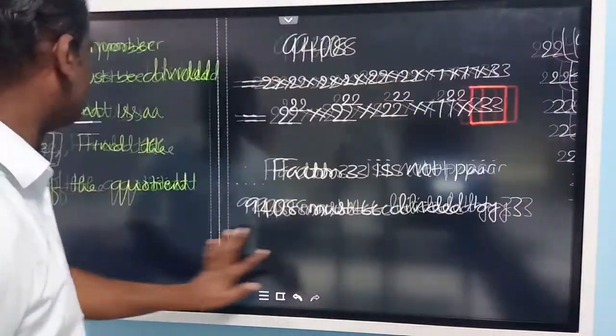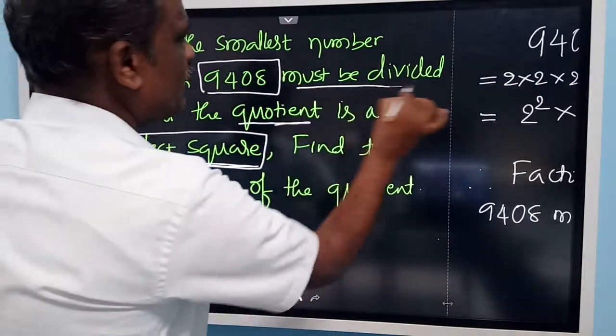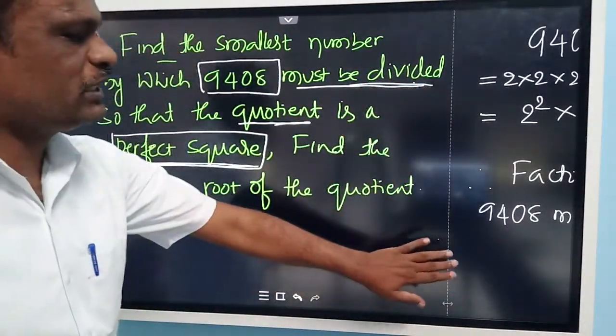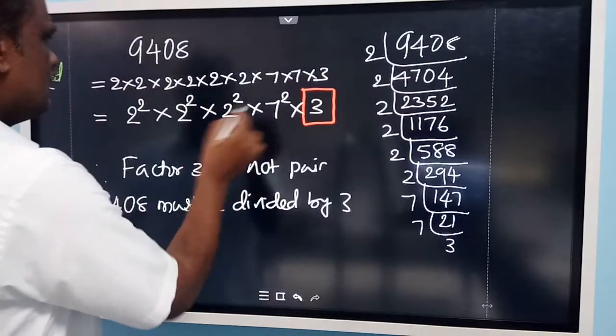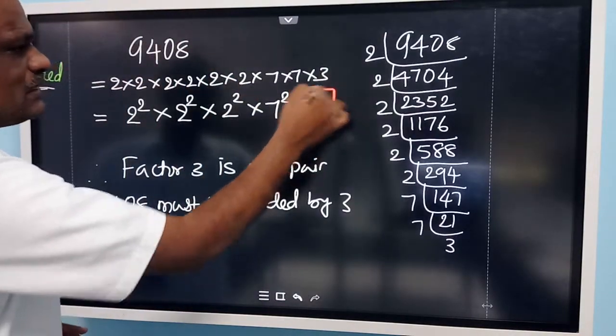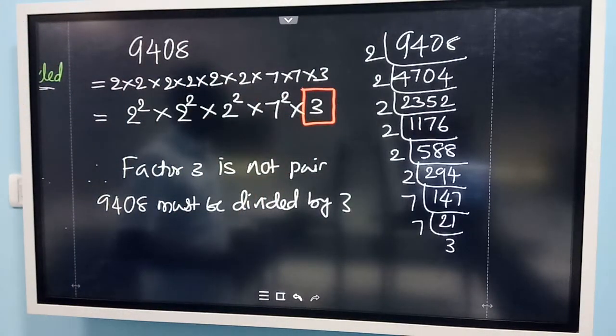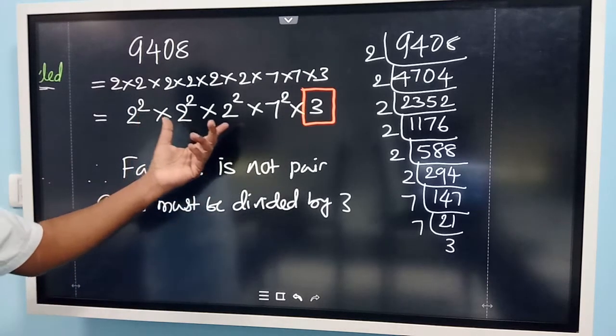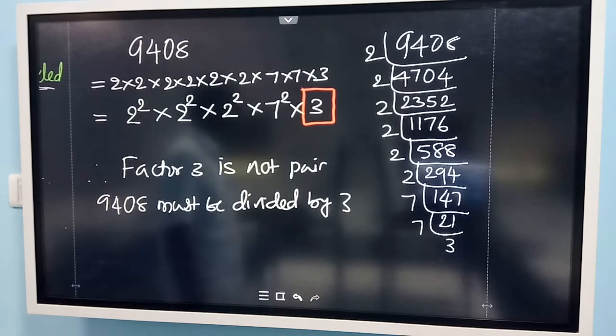They asked in the question by what number it should be divided. If you divide 9408 by 3, then this 3 will get eliminated from the list of factors, and the remaining factors will give a perfect square number only.